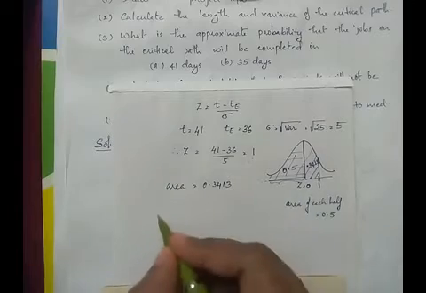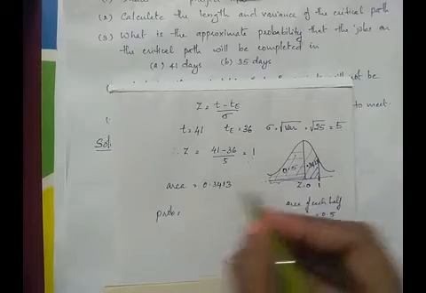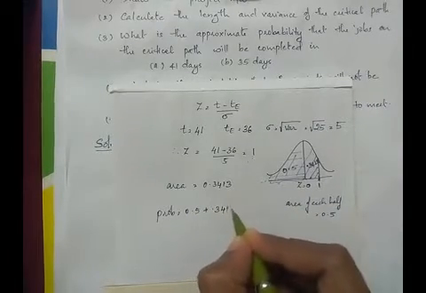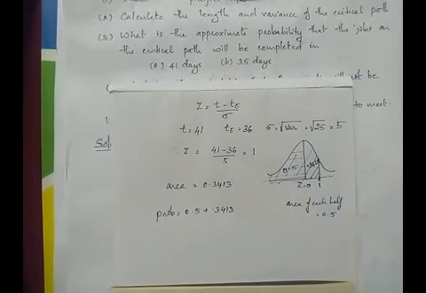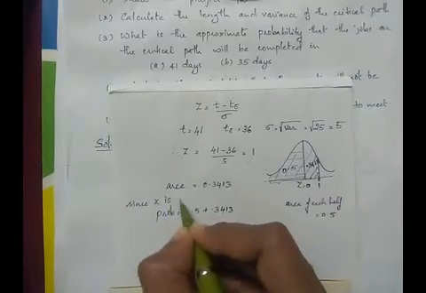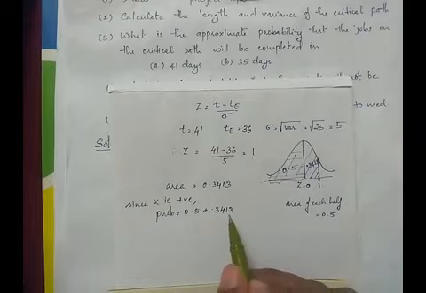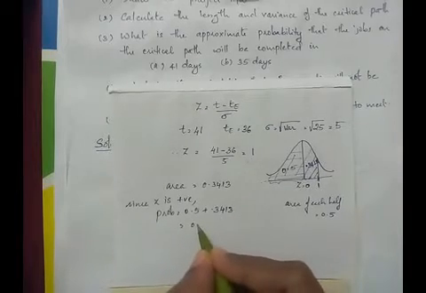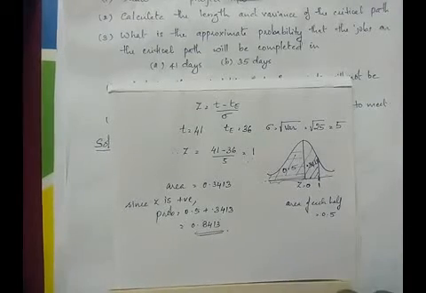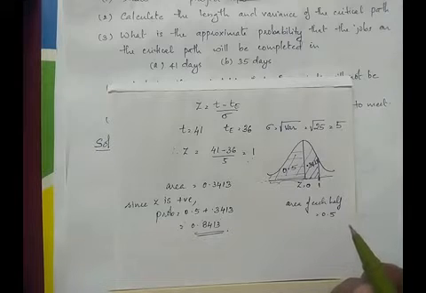So if Z is positive, the probability will be 0.5 plus 0.3413, which gives 0.8413. So this is the probability that the job will be completed within 41 days.